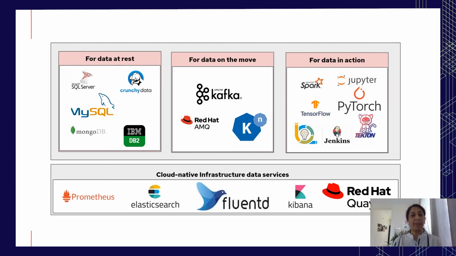OCS forms a layer and also enhances the capabilities of storage, providing you consistent object, file, and block access, and also multi-zone availability and data federation using the multi-cloud gateway.